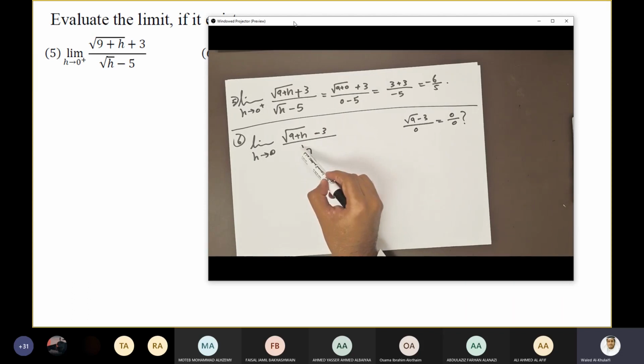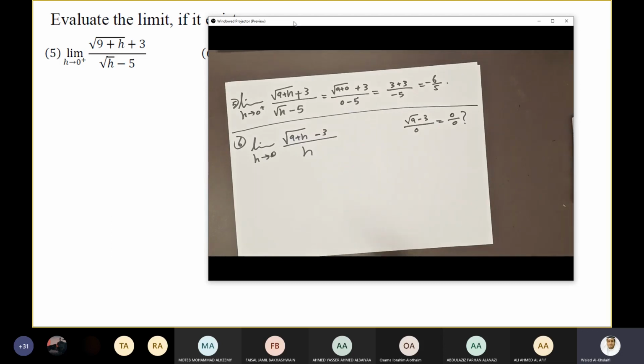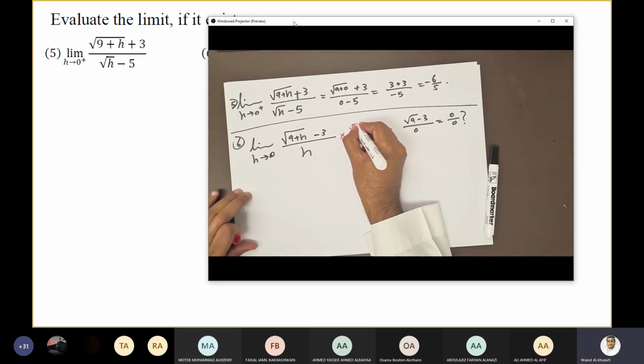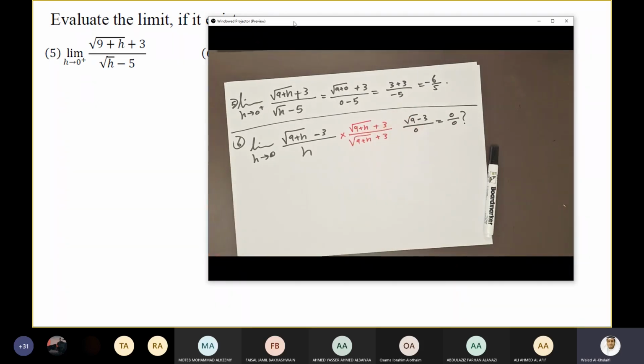Whenever I face 0 over 0, because it's not clear to us, we have to do something on the expression. If you have a polynomial, we do the factorization as we saw. But if I am dealing with a square root like this, then, as your colleague said, I will multiply by the conjugate. So the conjugate will be root of 9 plus h plus 3 over root of 9 plus h plus 3.